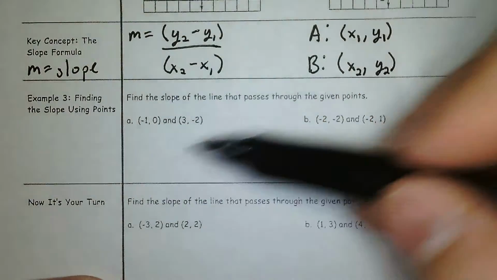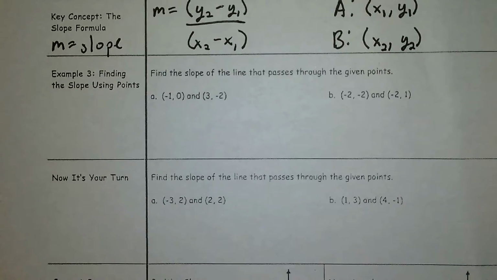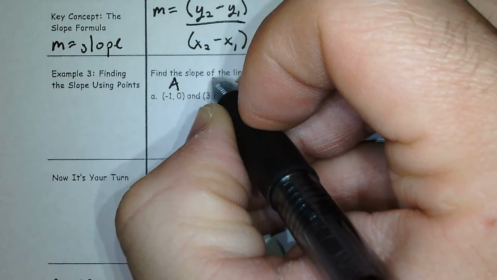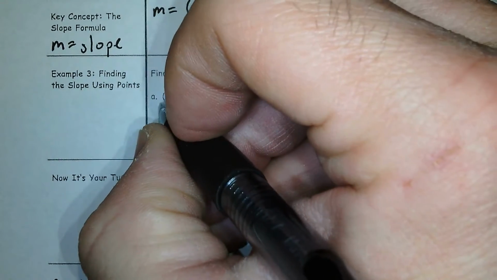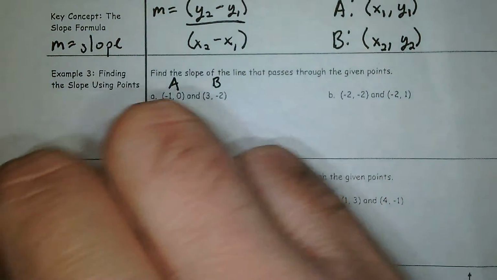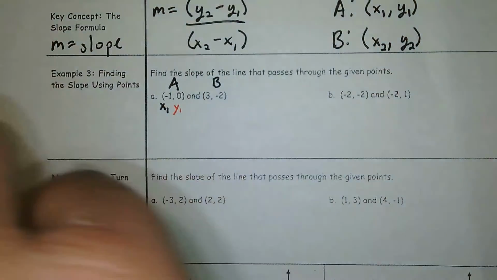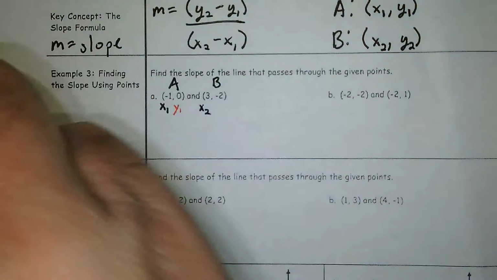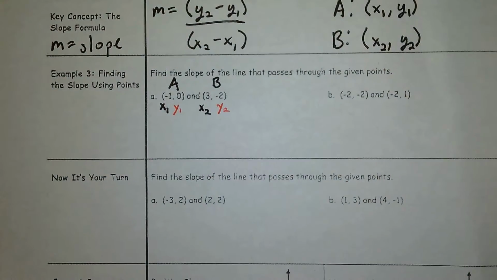So for example, we're going to work on this one right here. We have (-1, 0) and (3, -2). I'm going to label them: this is point A, this is point B. So -1 is my x1 value, 0 is my y1 value, 3 is my x2 value, and -2 is my y2 value.